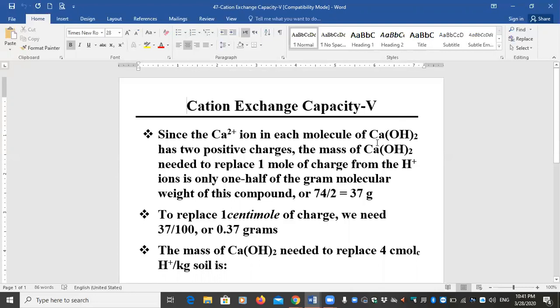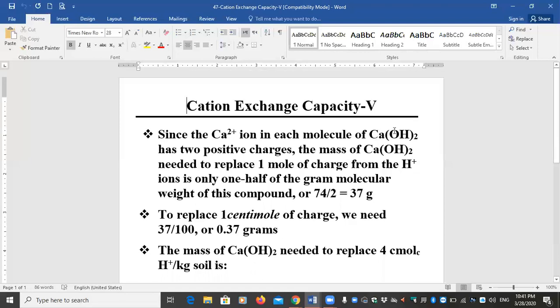It will give us 1 mole of calcium ions. But remember, each calcium ion carries 2 charges. So that 1 mole will give us 2 moles of positive charges. 1 mole of molecules, Avogadro number of molecules.